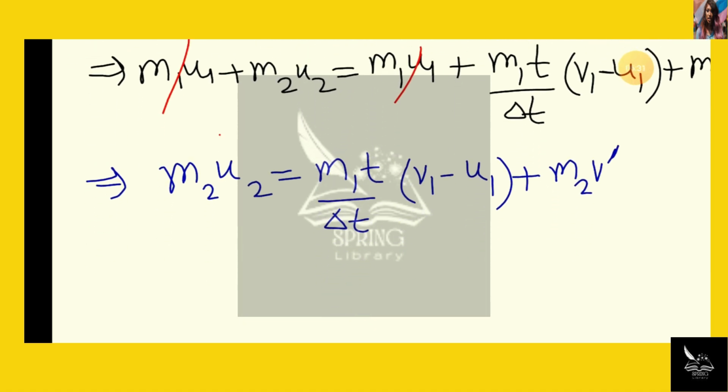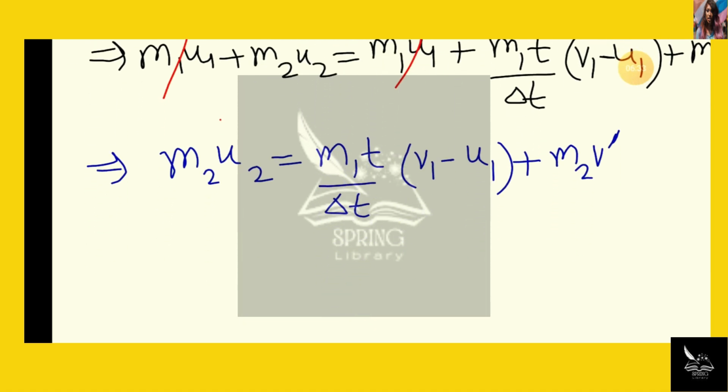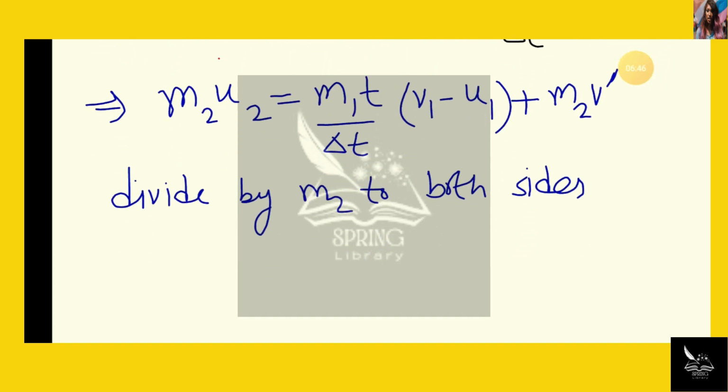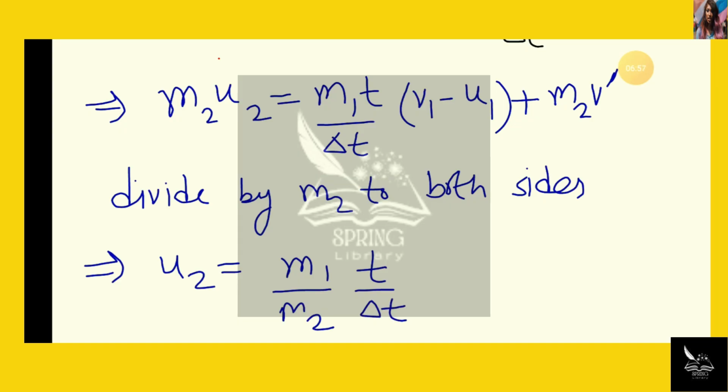Next step is to divide both sides by m2, so u2 is equal to m1 divided by m2 times t divided by Δt times (v1 minus u1) plus v dash.